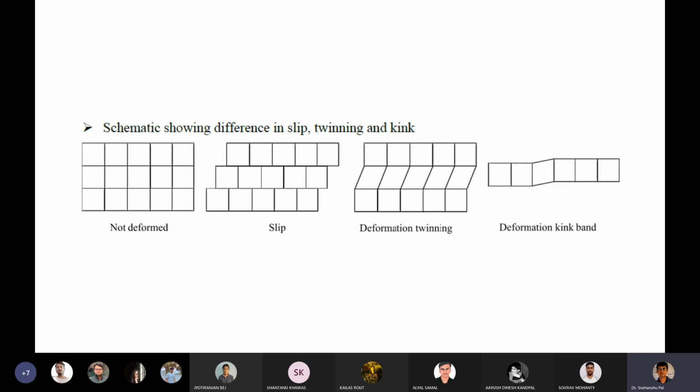But neither the new orientation nor the plane of kinking bears any spatial relation to the old lattice. So kinking has no spatial relationship with it.